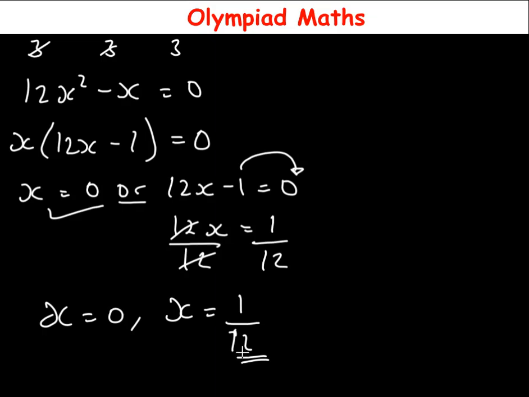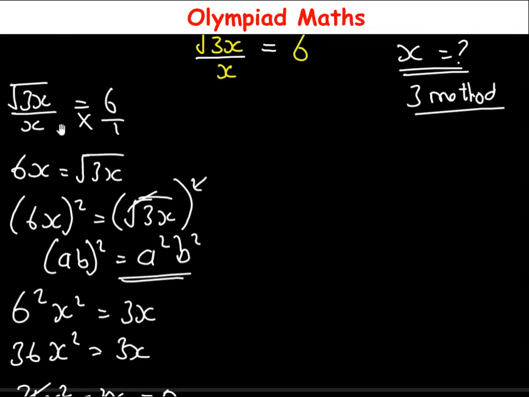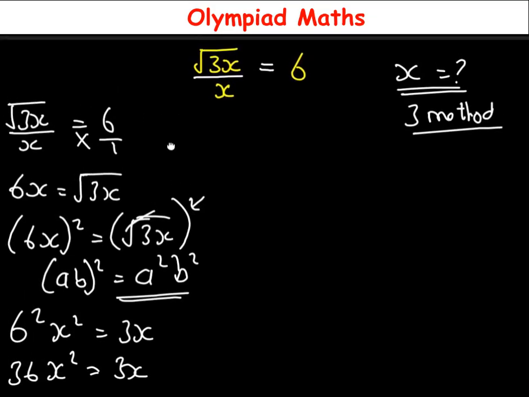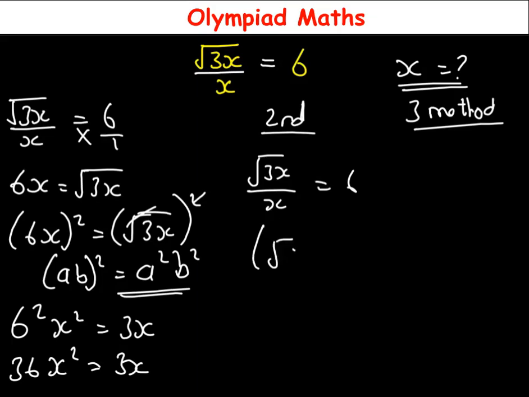Now to the second method, okay? For the second method, we have root 3x over x is equal to 6, right? Good. Now if you have root ab, this can be written as a power of half times b power of half.